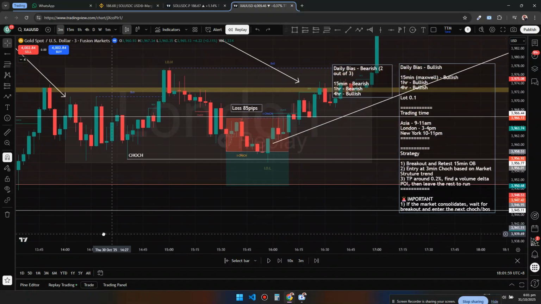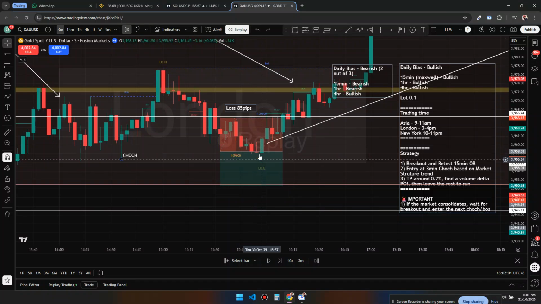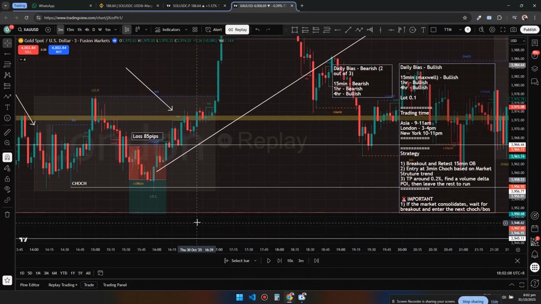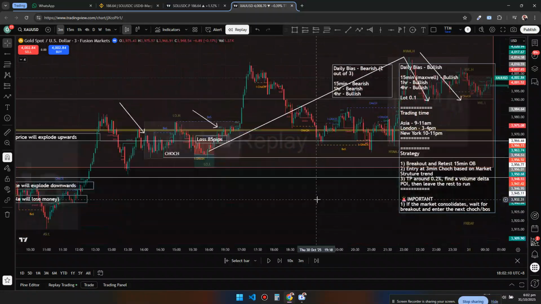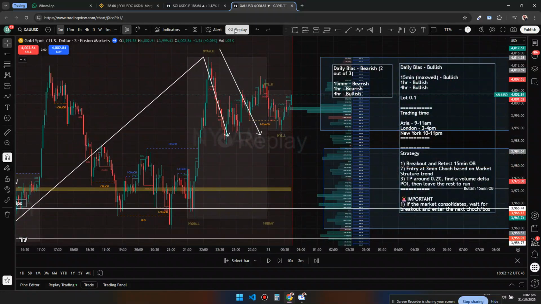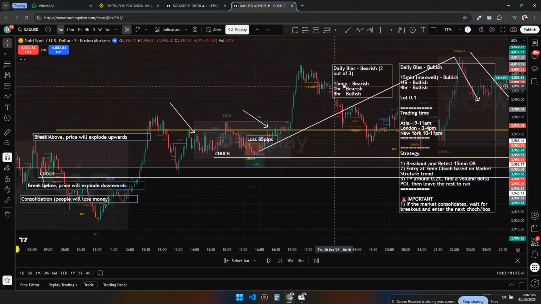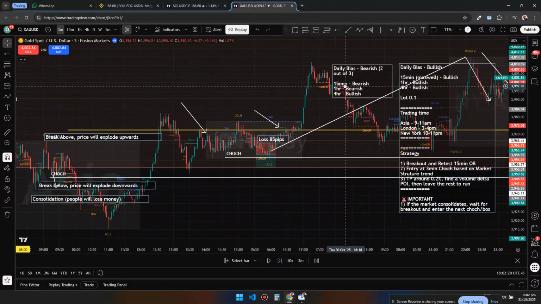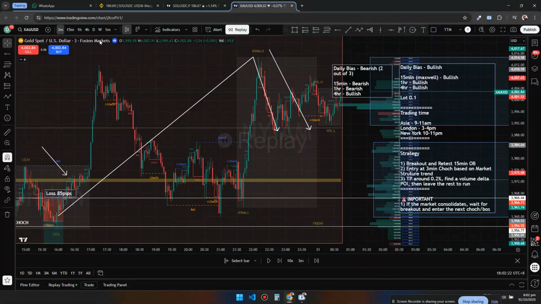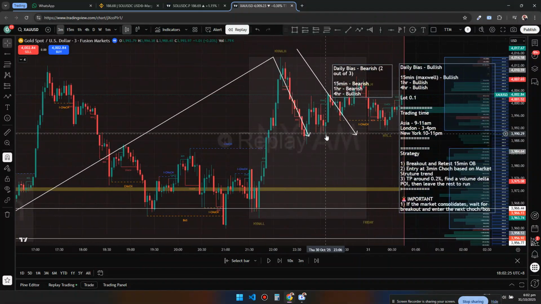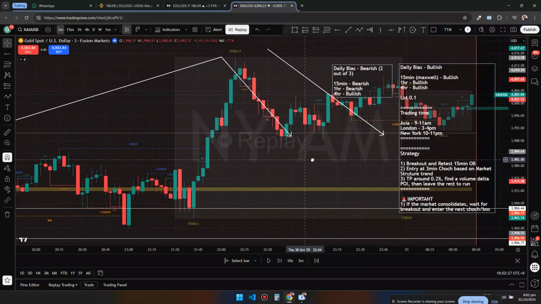But then for gold yesterday, price wanted to break below, but then it turned the other way. Yeah, so trading is not 100%. I didn't look at the New York session, but I was observing as well.